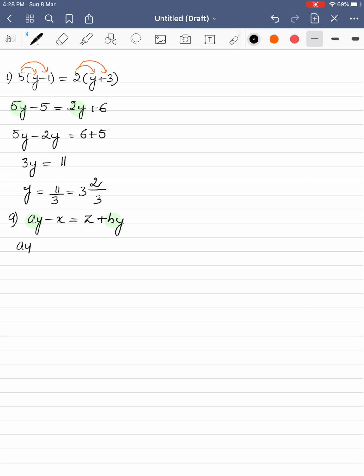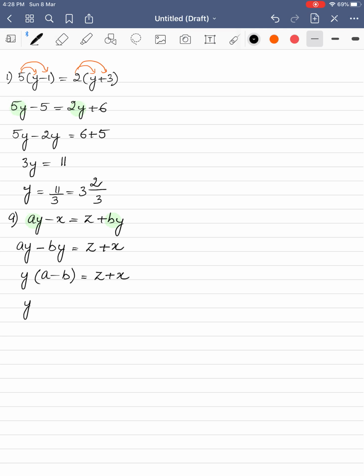So we bring the term on the right hand side to the left hand side, and we take the negative x to the right hand side, which becomes positive x. Since y has to be the subject of formula, we factorize the left hand side, and now we have a minus b in the bracket. The right hand side remains as it is.